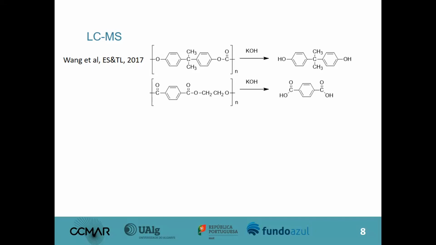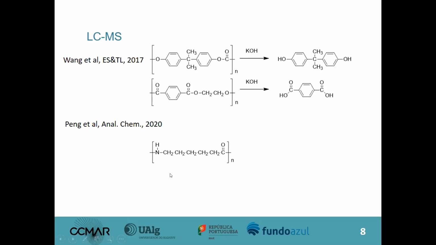And then they used HPLC to quantify the polymers, but by quantifying the compounds that resulted from the breakdown of the polymers. Another paper from Pang of 2020, they basically follow the same procedure.